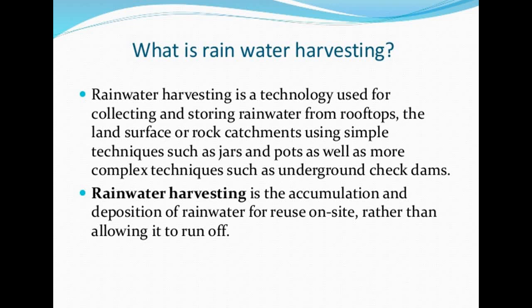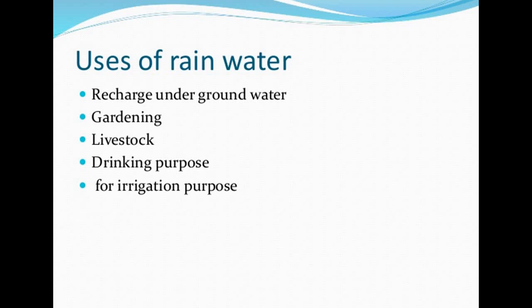Now, what are the uses of this rainwater? On what purposes can you use this rainwater? You can recharge underground water. As you have all seen on your roads, there are certain blocks that have been made, and underground dams that have been made to save all this rainwater which is coming.